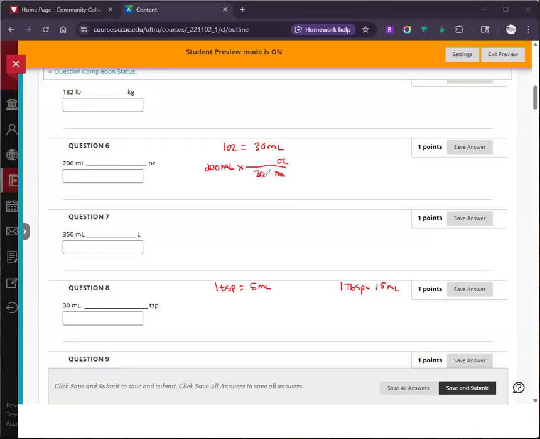My 30 is in the denominator, 1 ounce. So that tells me I'm dividing. So I take 200 divided by 30, and I'm going to get some crazy number: 6.6 repeating. 6.6666, it just keeps going on.